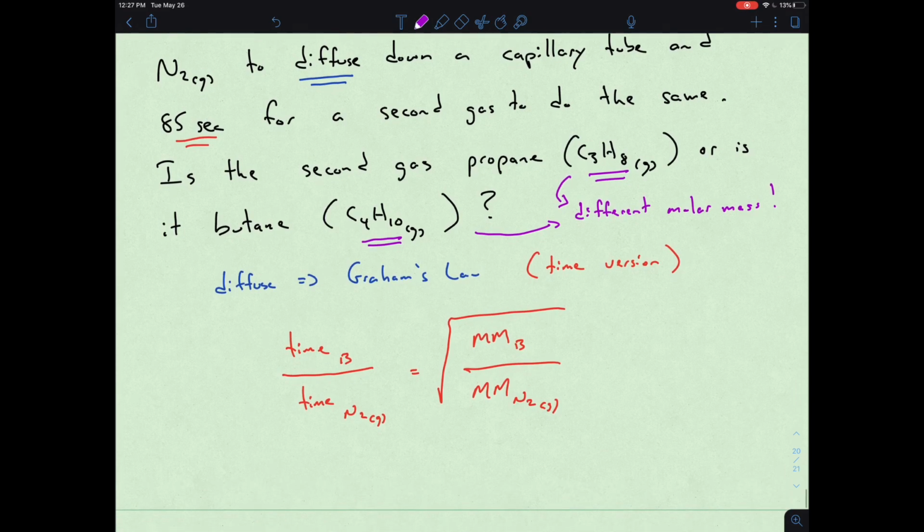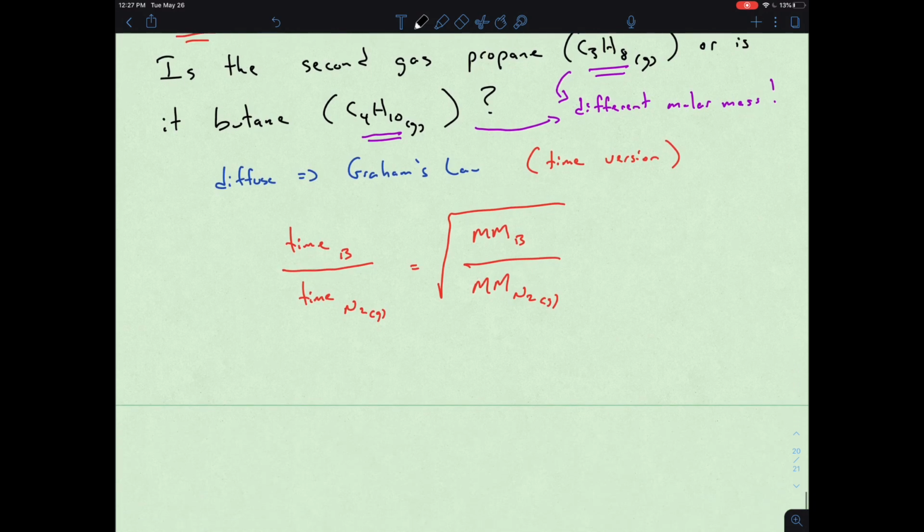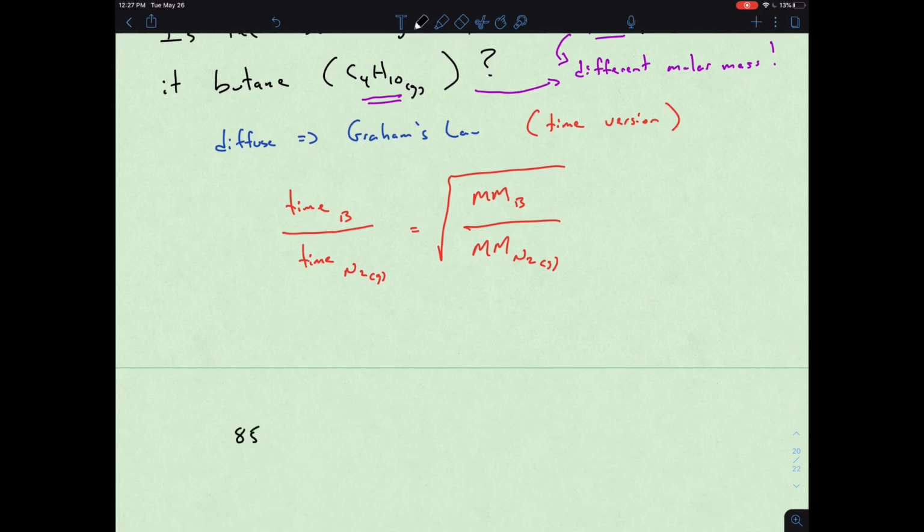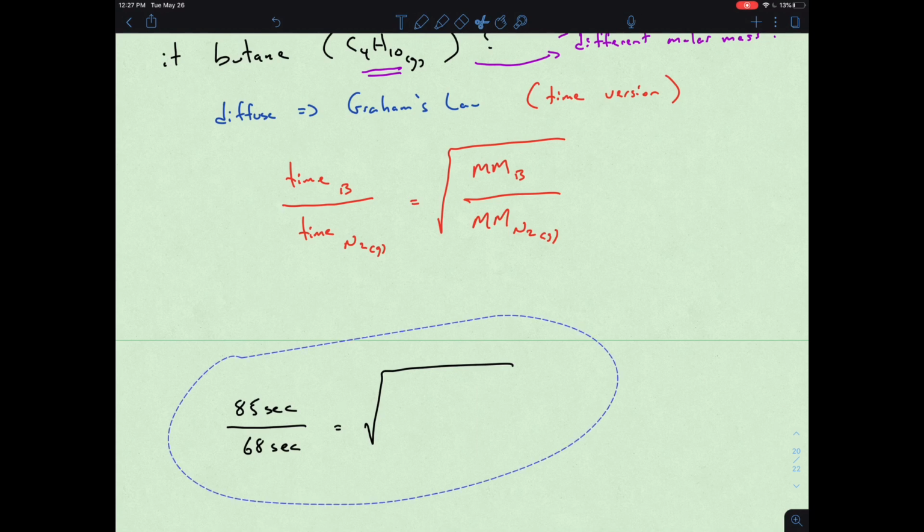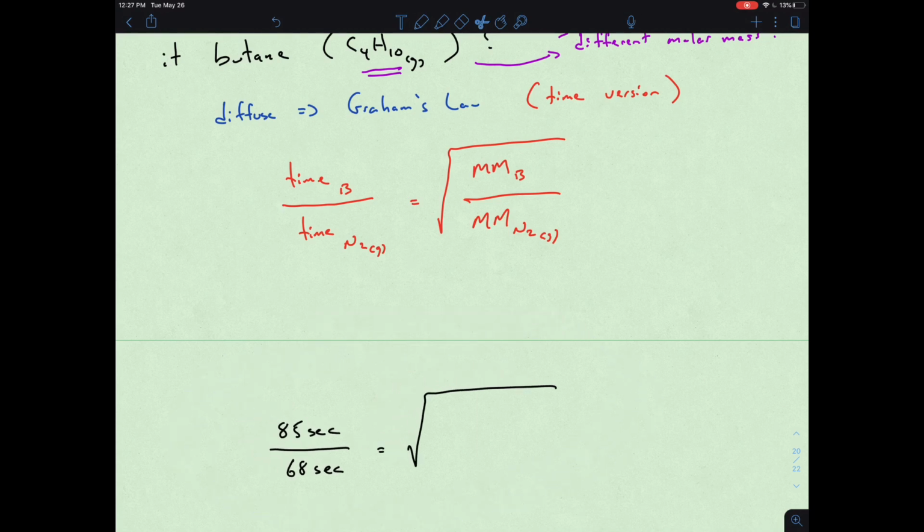So if we just plug our numbers in, we would have our time for B was 85 seconds. Our time for gas A, which we're calling the nitrogen, was 68 seconds. And that would be equal to the square root of our molar masses. What we're trying to determine is the molar mass for that second gas, or gas B, and we know the molar mass for nitrogen is 28 grams per mole.